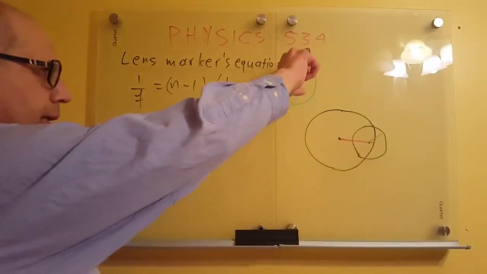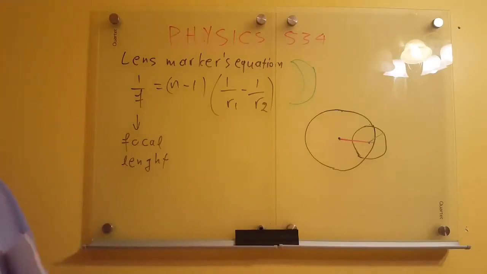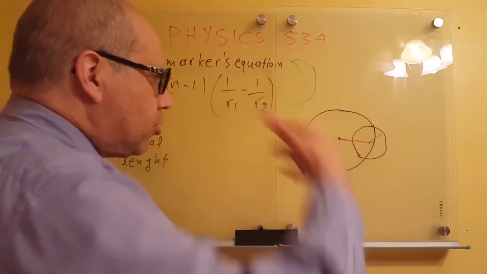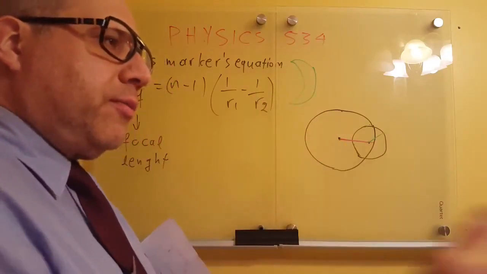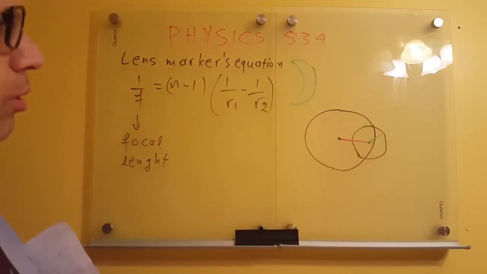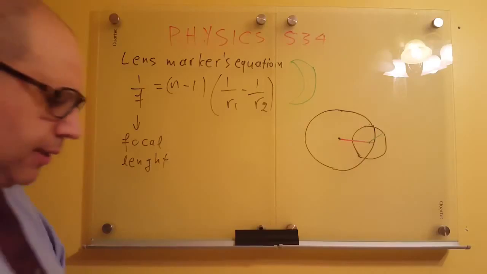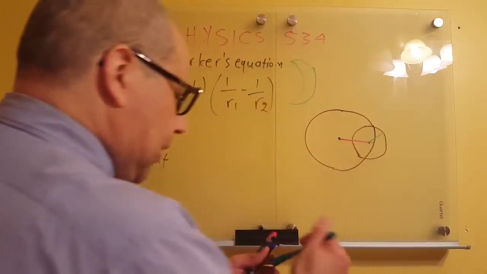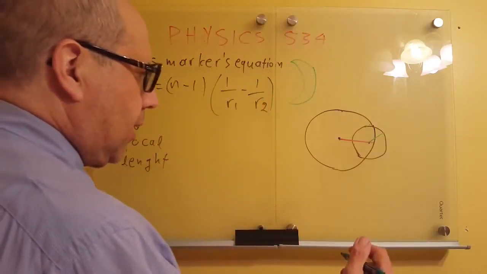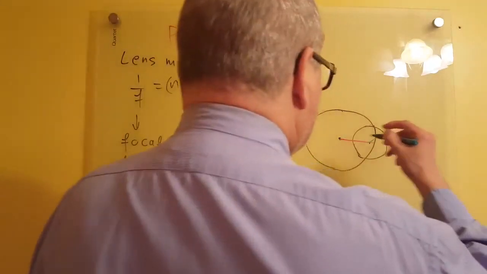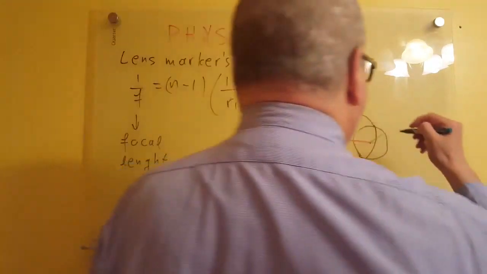So that's how you create this lens here, which again is called the positive meniscus. So now let's see why, using this formula here, we can prove that this has positive F, focal length.